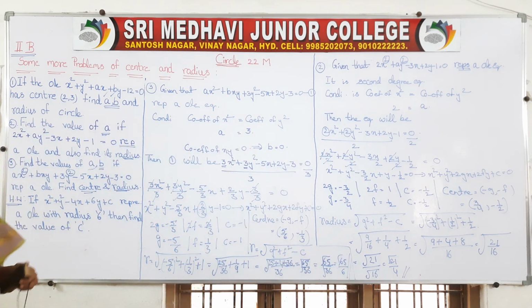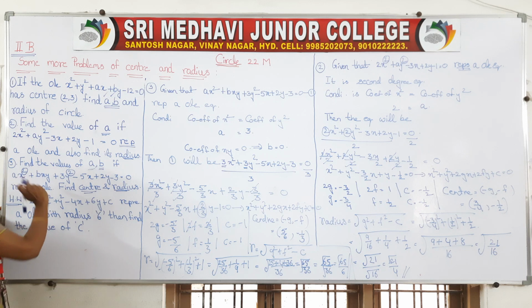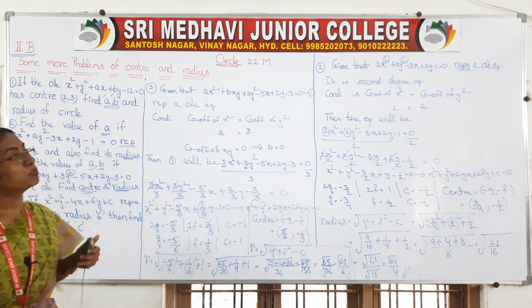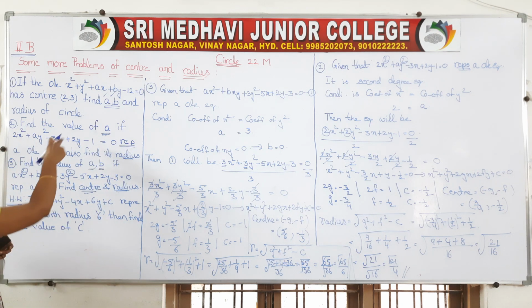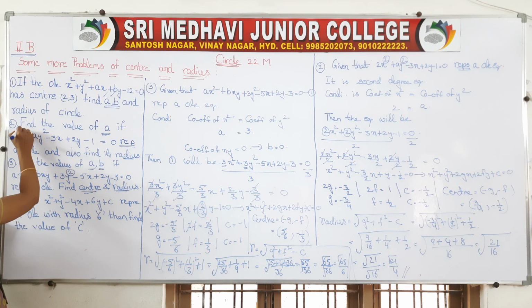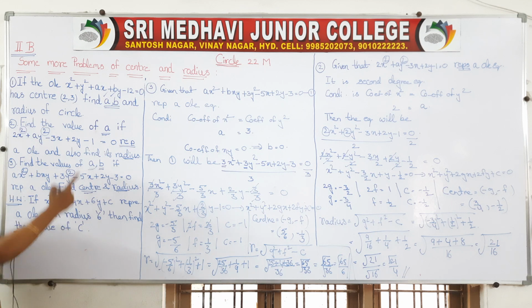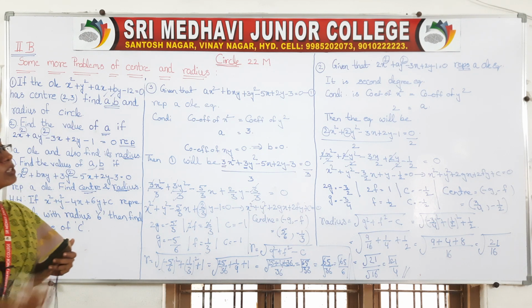So see this question. This is the given equation, right? Find the values of a and b and find the center and radius. Girls, observe this second equation and the third equation, the second question and the third question. Both are second degree equations. Their highest power is 2.